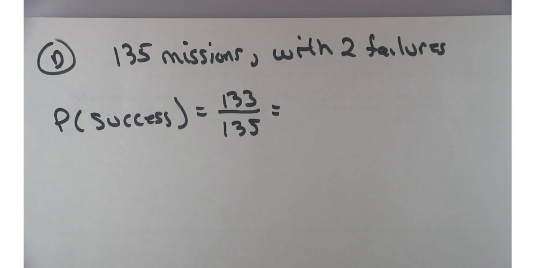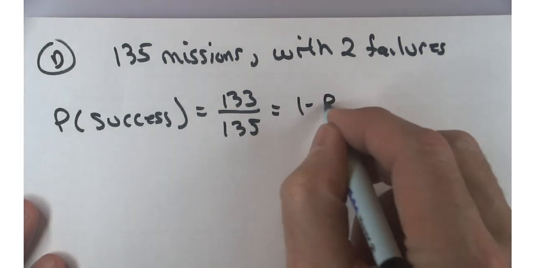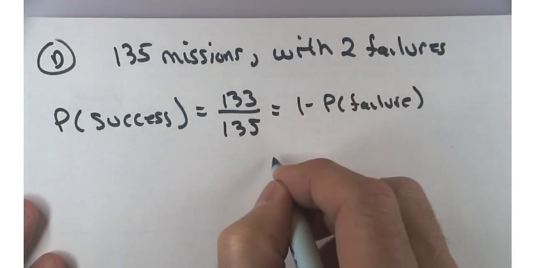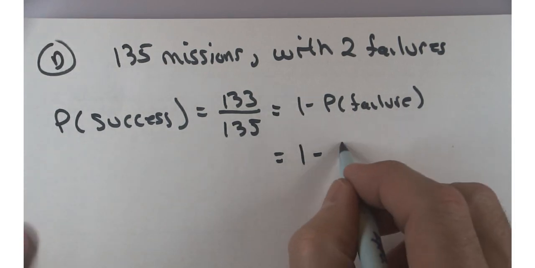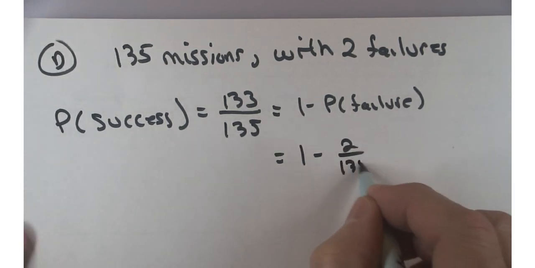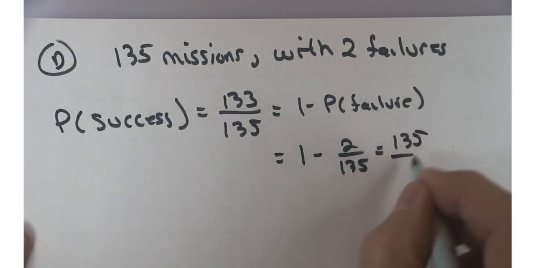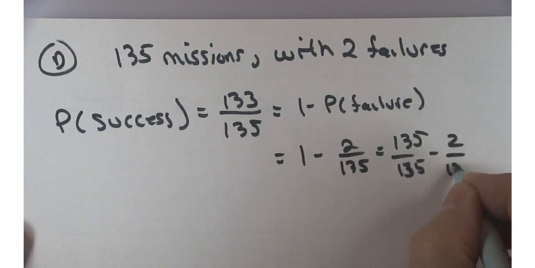Now, there's another way we could calculate this, which would be probability of success is, again, 1 minus the probability of failure. What's the probability of failure in this setting? 1 minus 2 over 135, which is 135 over 135 minus 2 over 135.